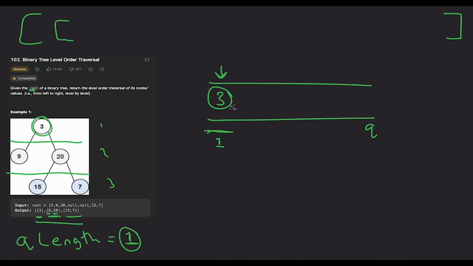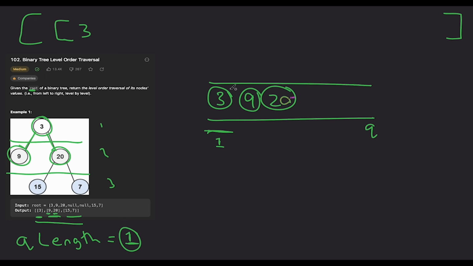So we'll start with 3. 3 is the only node in our level, and first thing, we want to do 2 things to each node. The first thing is add it to our subarray, and then we want to add its left and right nodes to our queue. So we add 9 and we add 20. Okay?